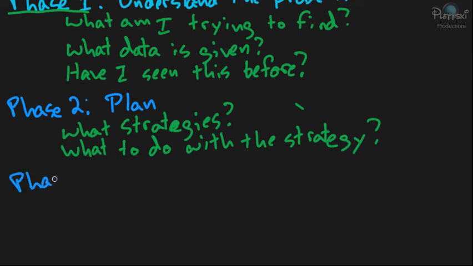Phase 3 is find the answer and then check your answer. Sometimes you might find an answer, and then when you check it, you may not have carried out your strategy correctly, or you may have chosen a strategy that didn't get you the correct answer.